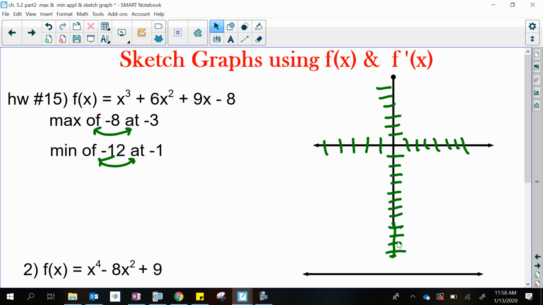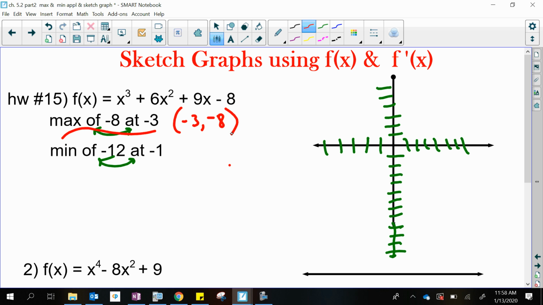So if we have a max of -8 at -3, that really means the point (-3, -8). Everybody agree with that? And we know we have a min at -1 of -12, which tells us that point. So we could go ahead and plot that.